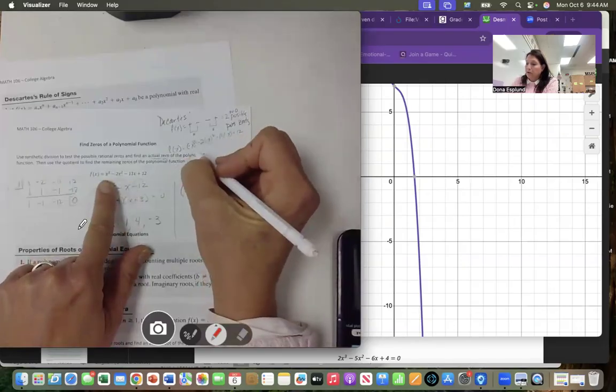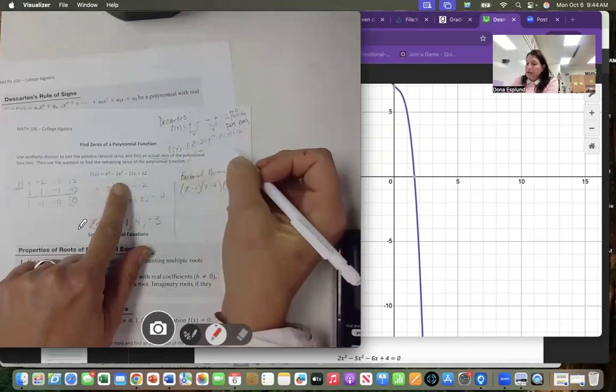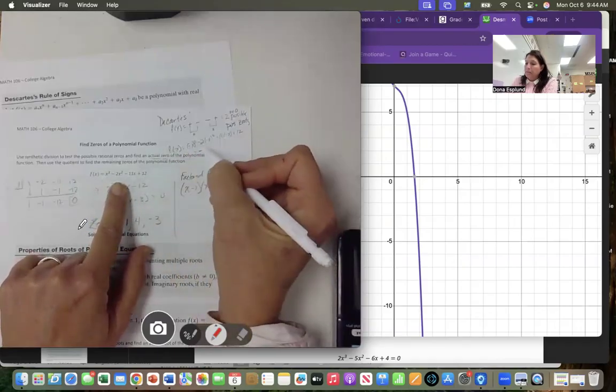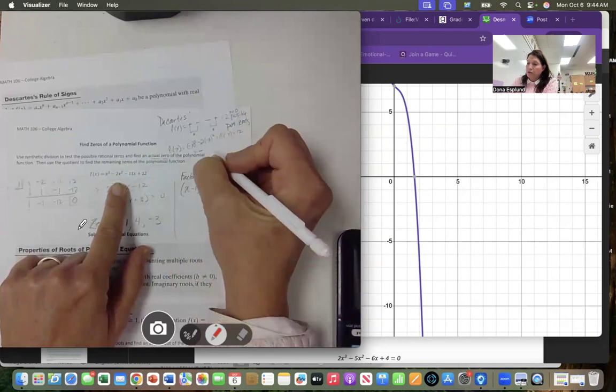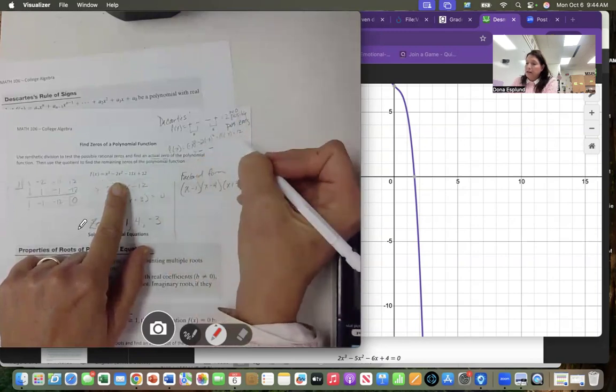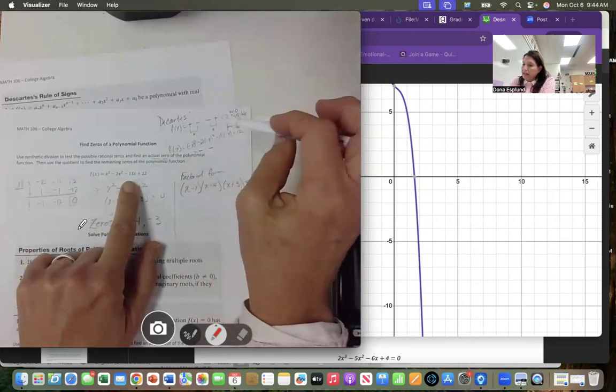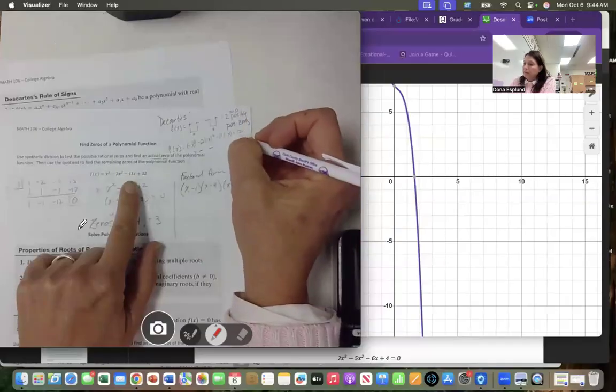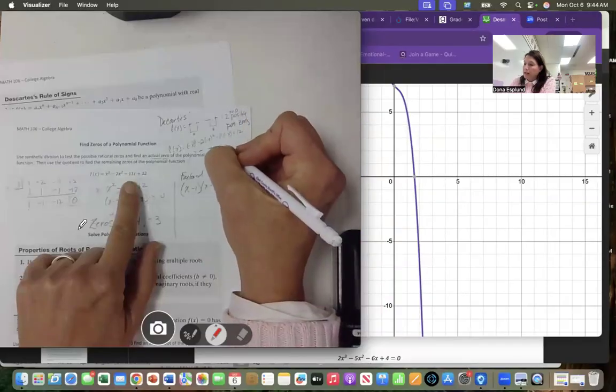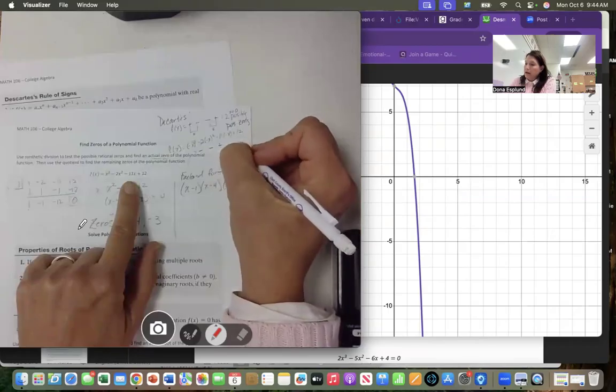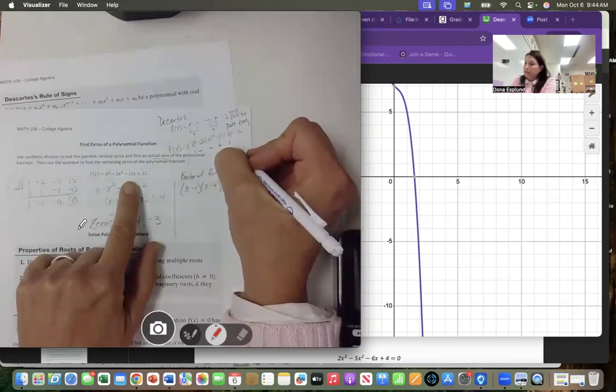That's going to be a negative, correct? Then on the next one, I'm going to have a minus 2 times x squared. So it's still going to be a minus. The next one, I had a negative 11 times a negative x. That's going to make it a positive. And then the last one would be a positive.